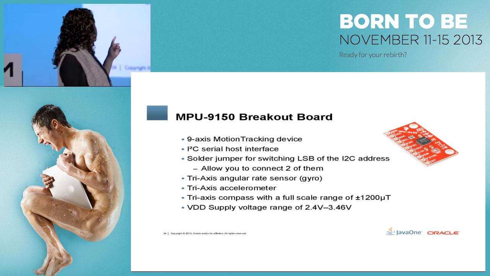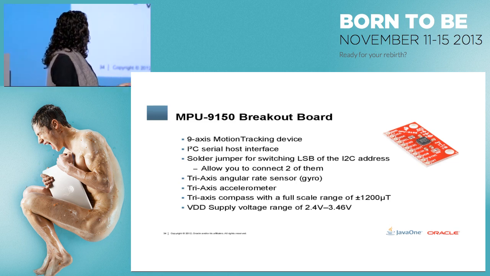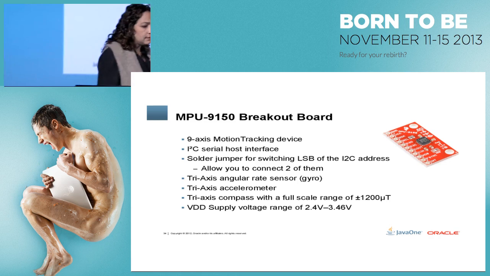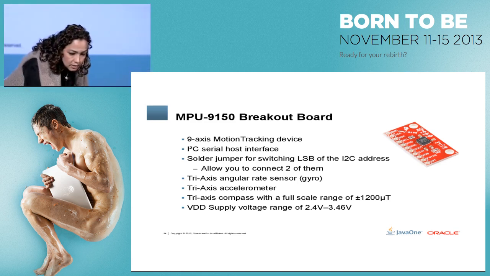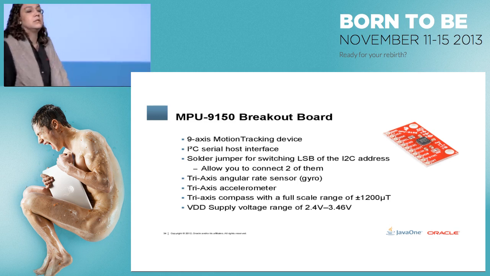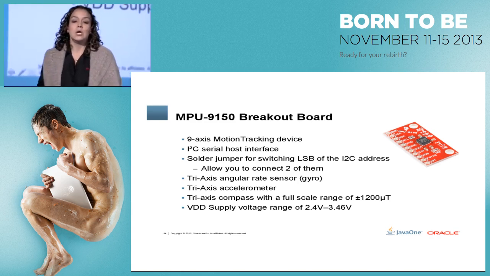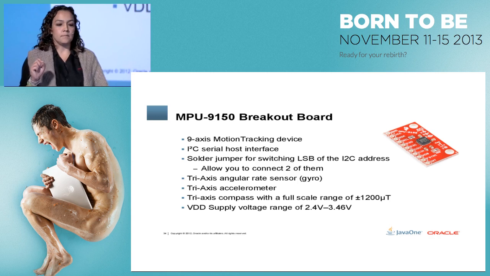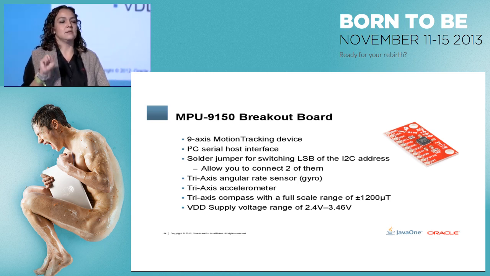It does use the I2C interface, and you can see here there is one pin, AD0. This allows you to set the least significant bit of the address to either 0 or 1.